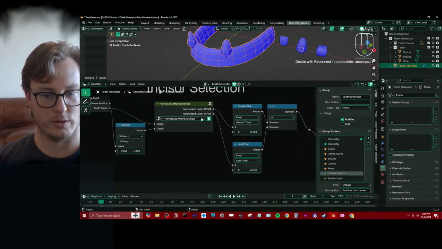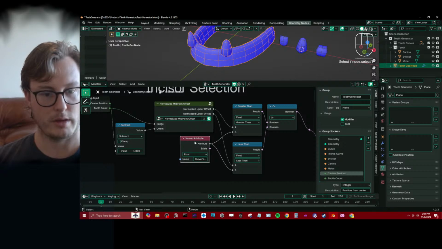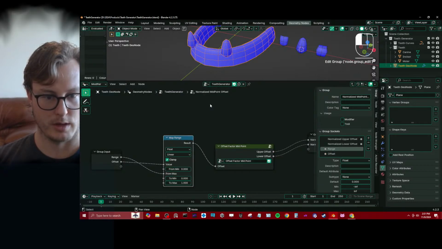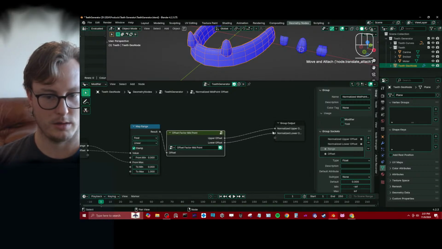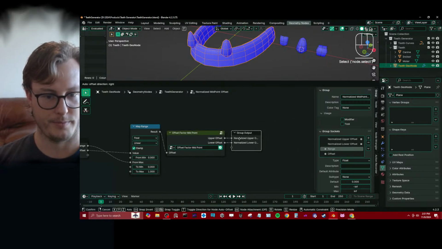We don't even need to do a factor anymore. Well, no, we still want the factor because that's what we're comparing it, but okay.